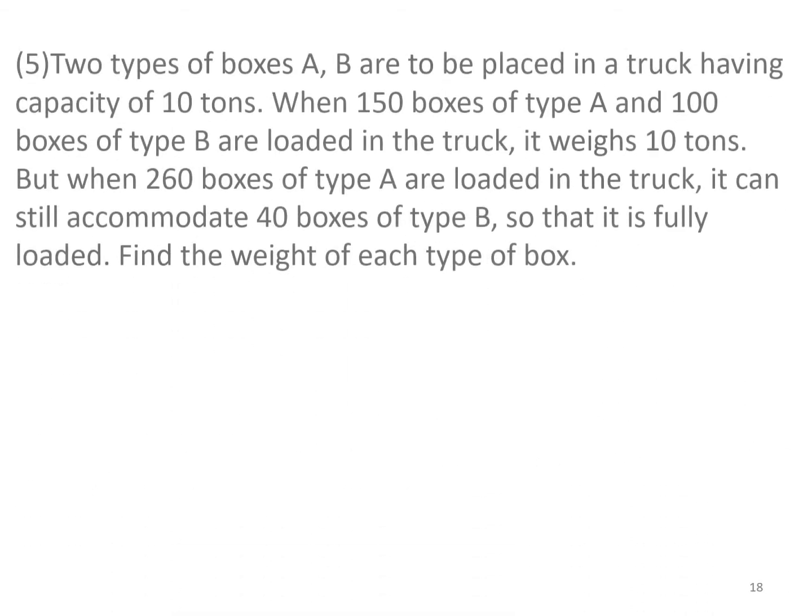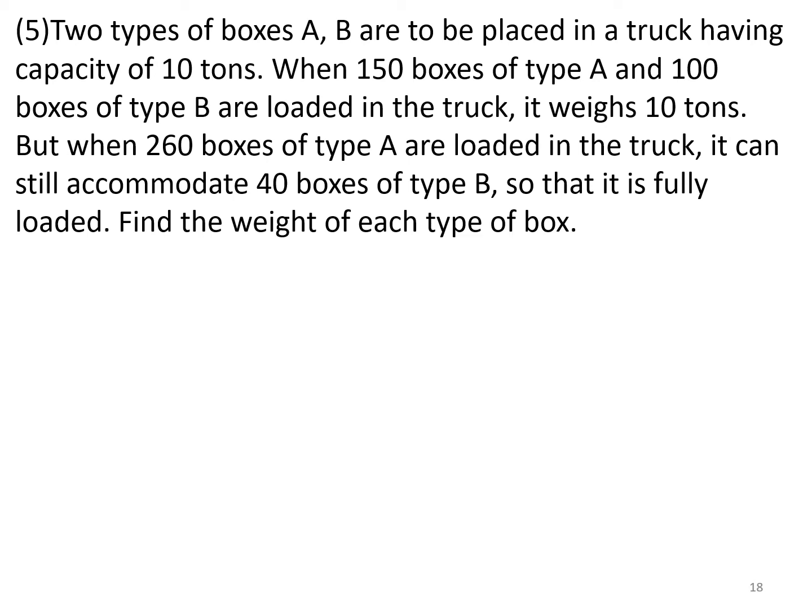Question number 5. The problem looks lengthy, but when you solve, it is very simple. The question I'll read out. Two types of boxes A, B are placed in a truck having a capacity of 10 tons. When 150 boxes of type A and 100 boxes of type B are loaded in a truck, it weighs 10 tons.